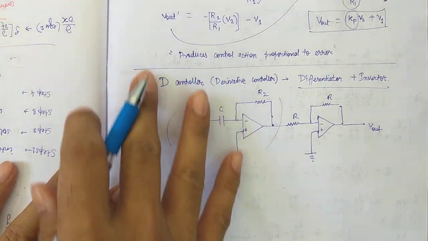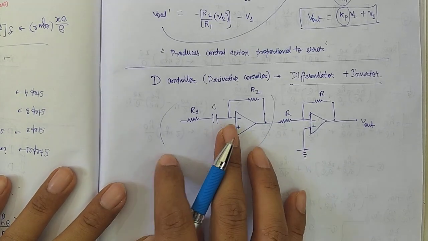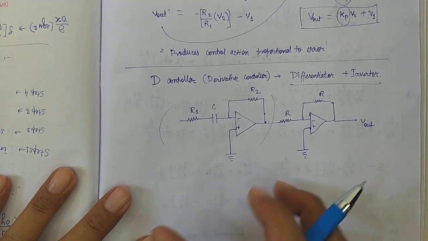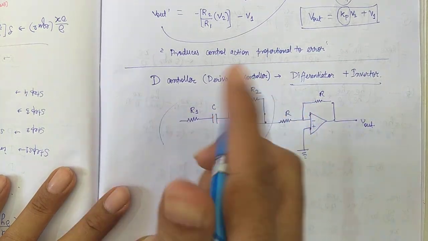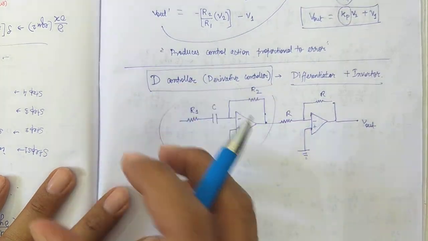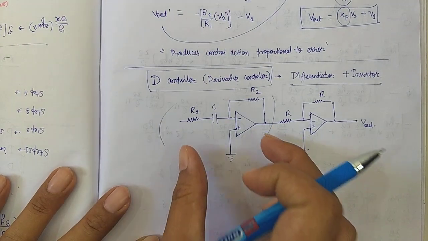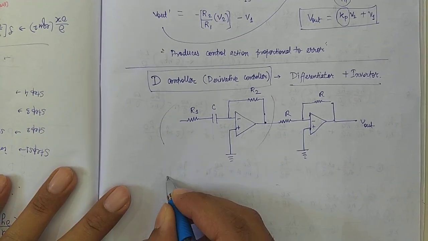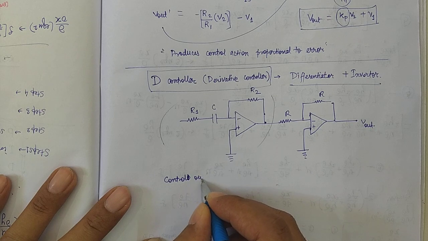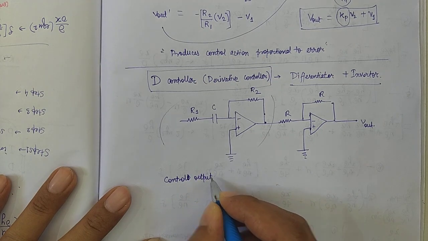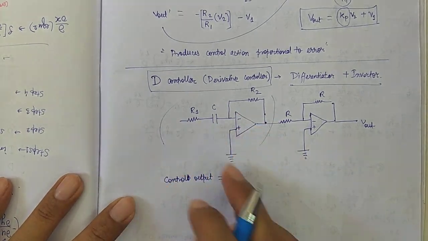We are not going to go into much detail, but we will just follow a pattern, and we'll see how op-amps in several combinations can be clubbed together to achieve some purposeful controller to get some proper control action. Because of this differentiation block here, the control output is essentially KD times, KD will be a function of some R and C values.